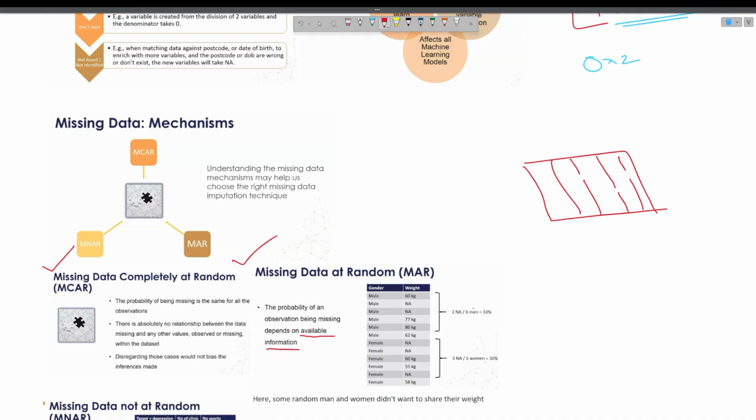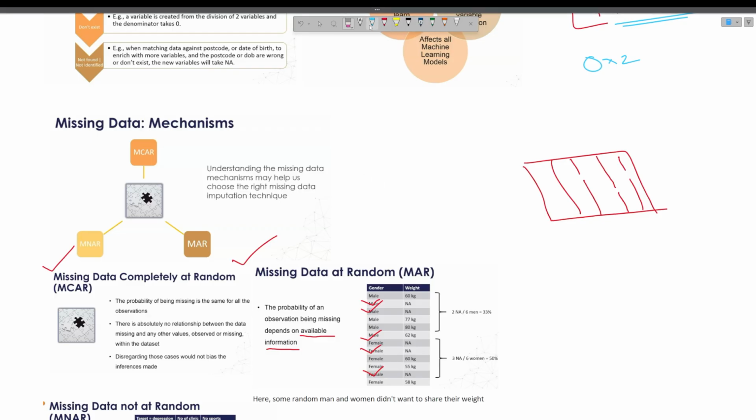So it depends on the scenario. This data was collected from some males and females, where the interviewer asked, can you share your weight? Some males didn't want to share their weight. Assuming it was totally random, with no relation, it was just by mistake, and it can happen.